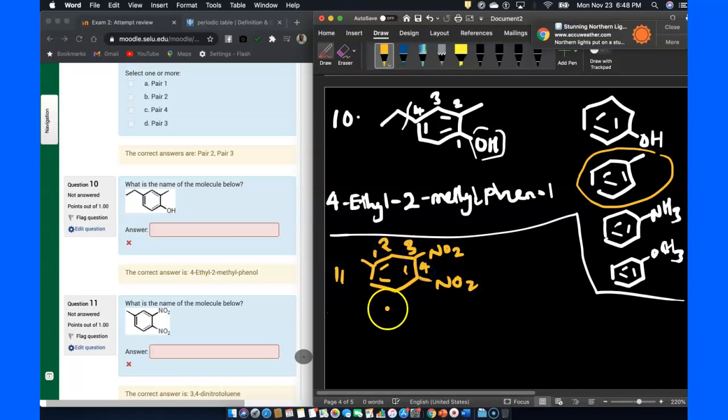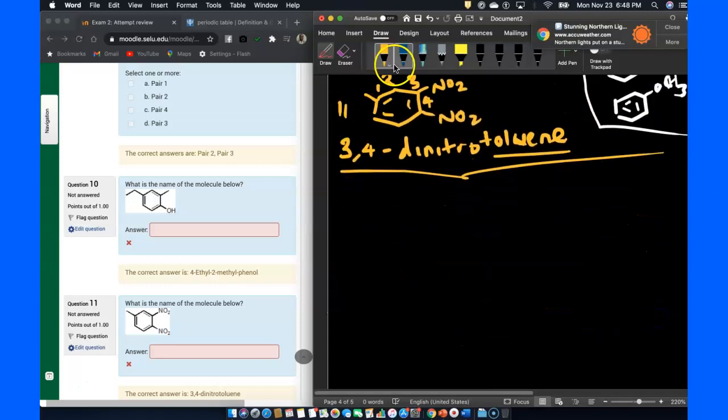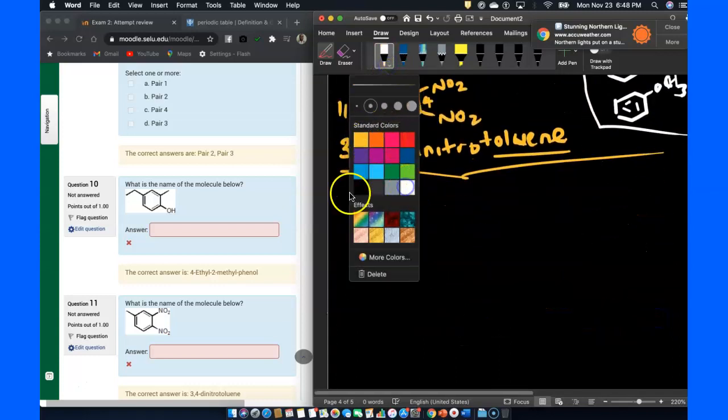So it's 3,4, and then there are two nitro groups, so it's dinitro and then toluene. Because you have a CH3 on the benzene, the parent name will be toluene. Okay, moving on to number 12.